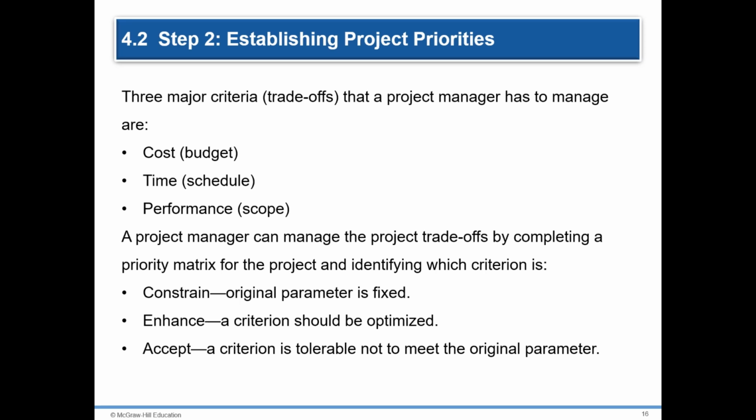One of the primary jobs of a project manager is to manage the trade-offs among time, cost, and performance. To do so, project managers must define and understand the nature of the priorities of the project. They need to have a candid discussion with the project customers and upper management, and to establish the relative importance of each criterion.